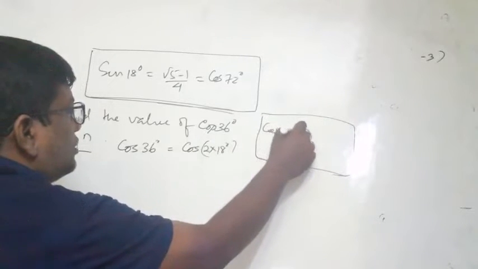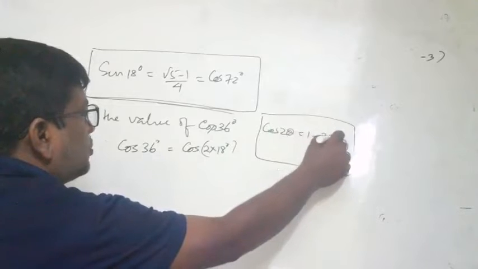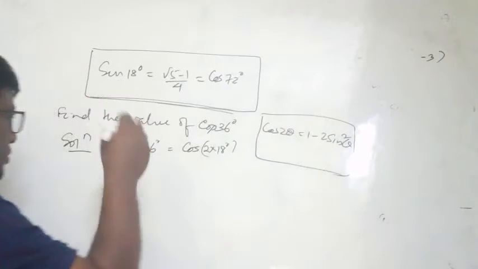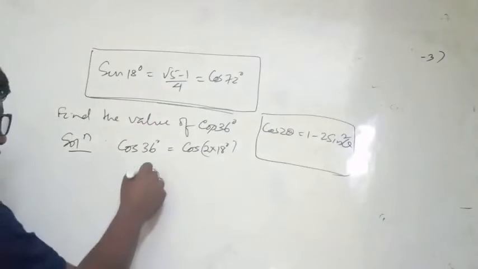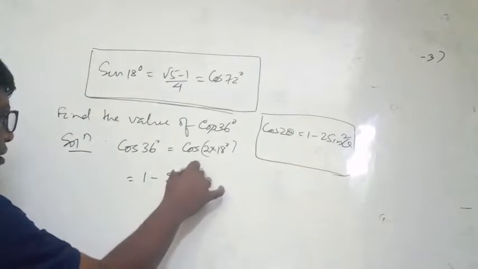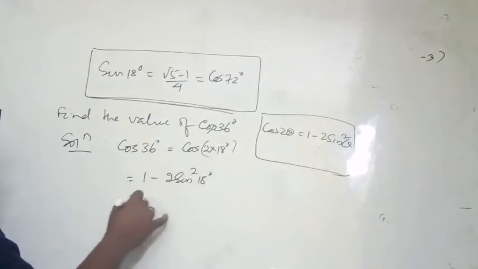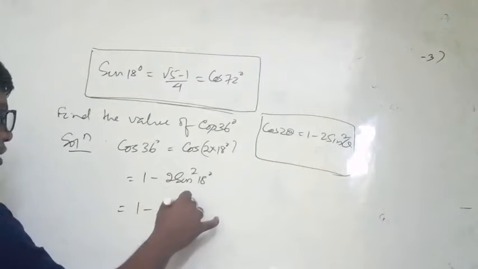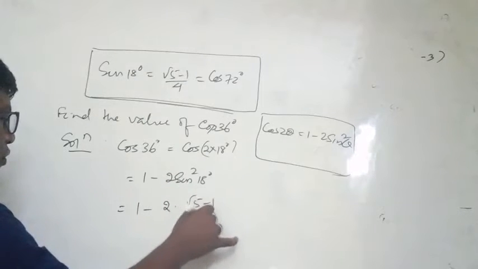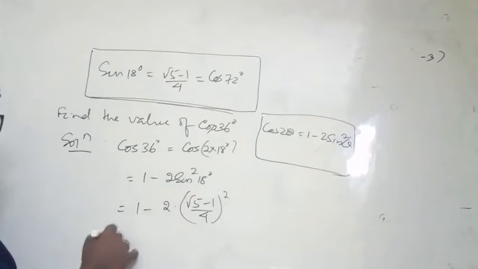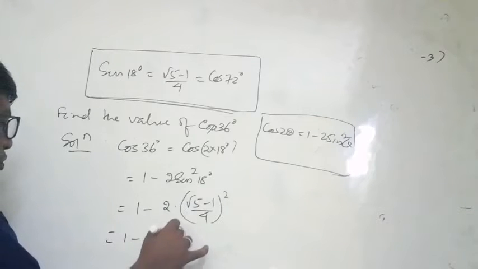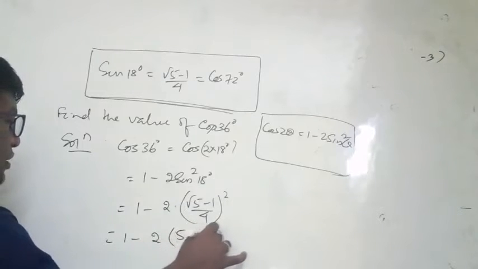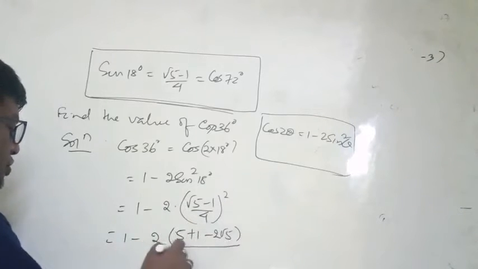Cos 2 theta is equal to 1 minus 2 sin square theta. Clear? So this is 1 minus 2 sin square 18 degree. 1 minus 2 into sin 18, which is root 5 minus 1 by 4, whole square. This is equal to 1 minus 2 into 5 plus 1 minus 2 root 5 by 16.